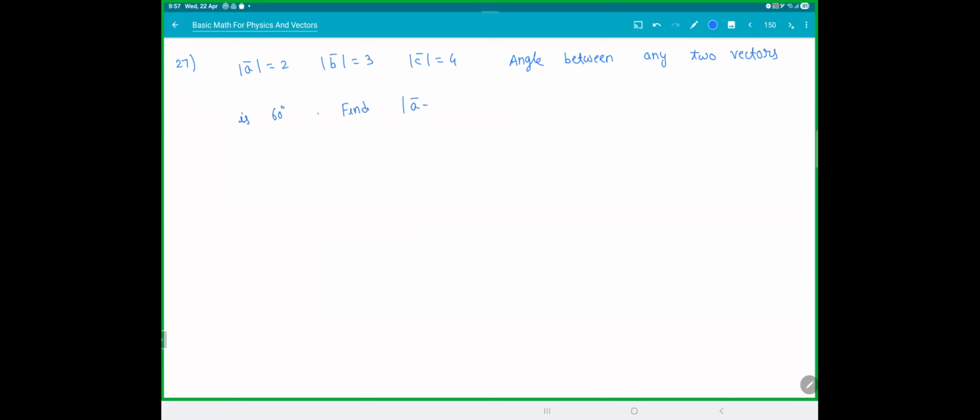Find the magnitude of A bar plus B bar plus C bar. There are three vectors whose magnitudes are given: 2, 3, 4. The angle between any two vectors is 60 degrees. If you add these kinds of vectors, three of them, what will their resultant be?